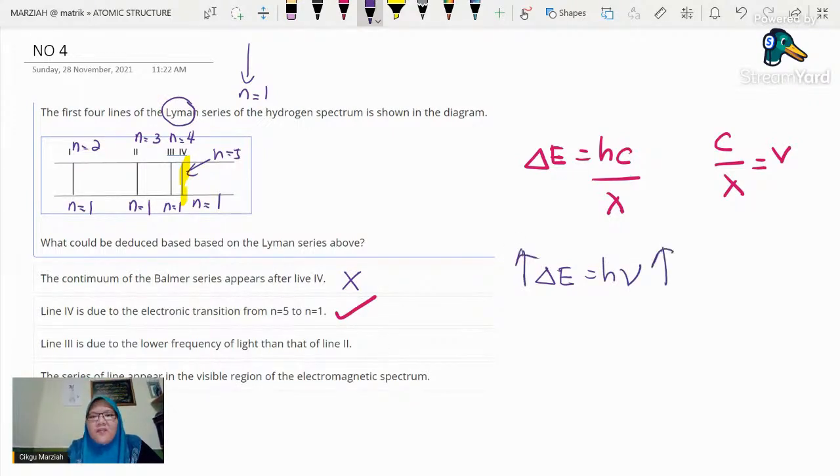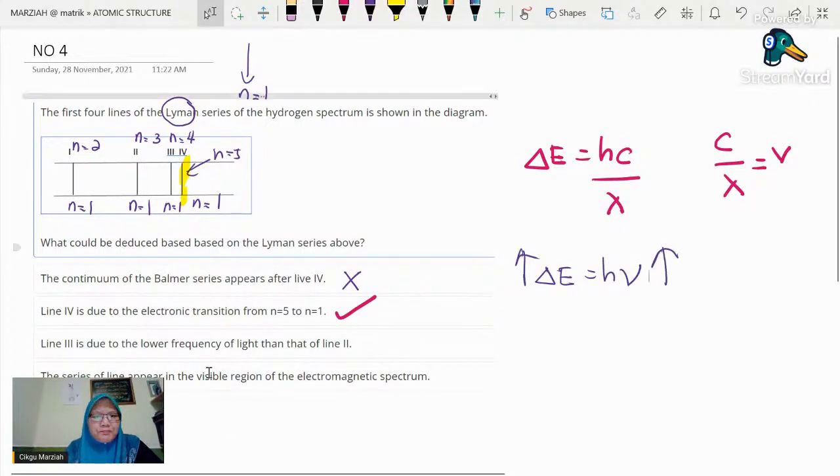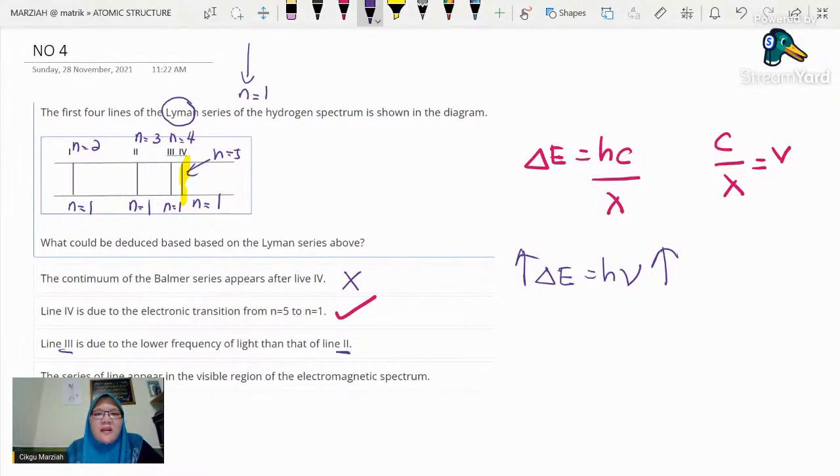Energi tinggi, frekuensi akan tinggi. So, line 3 lower frequency than line 2. Salah lah sebab line 3 tu lagi tinggi tenaga sebab dia bergerak daripada 4 pergi ke 1, rather than line 2, 3 pergi ke 1.